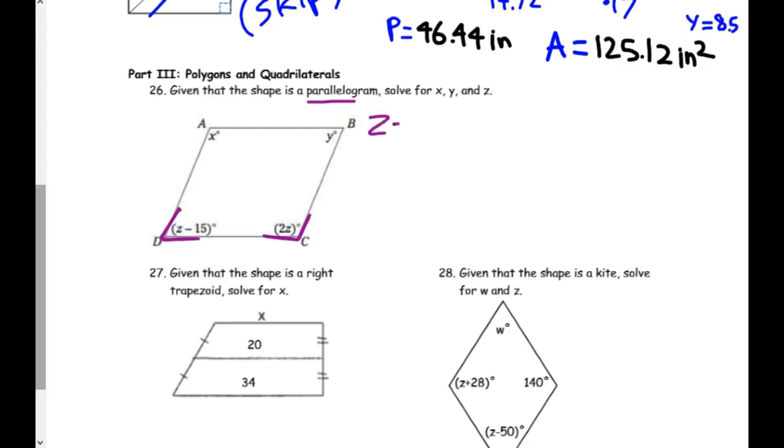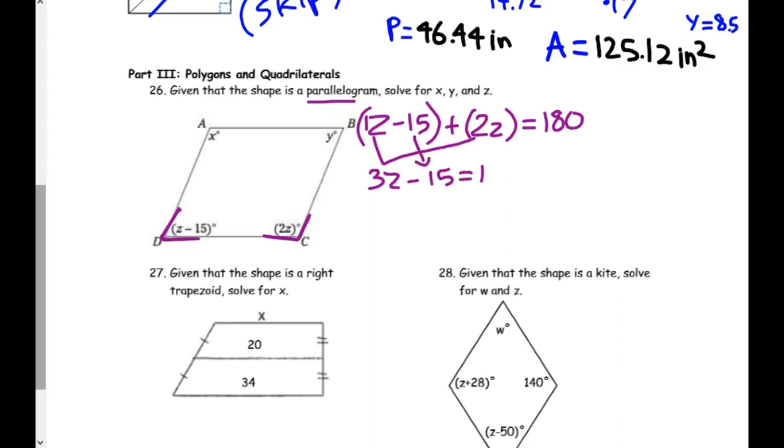So z minus 15, that angle, plus 2z, the other angle, equals 180, okay? A 1z plus a 2z is a 3z. Bring down minus 15, and that equals 180. Get rid of the loner. 3z equals 195. Divide by 3.